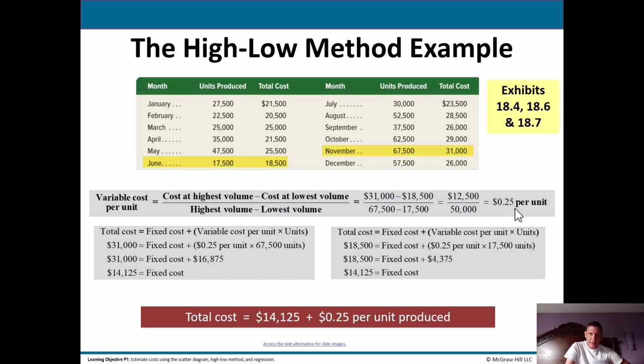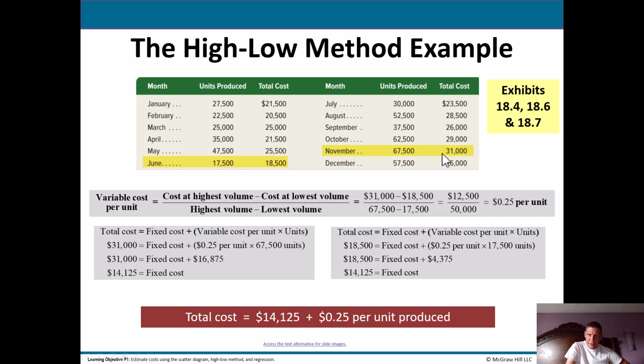Then what we do is plug it in. You can plug in the 0.25 to either the high or the low. It doesn't really matter which. If you notice, on both sides these formulas are the same: total cost equals fixed cost plus variable cost per unit times the units. In this case I'm using the highest: 31,000 equals the fixed cost plus, and now look what I'm doing, I know that my variable cost per unit is 0.25, I just calculated that, times 67,500 units.